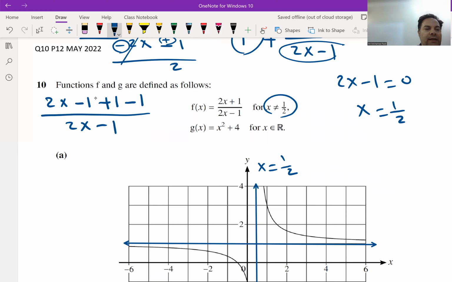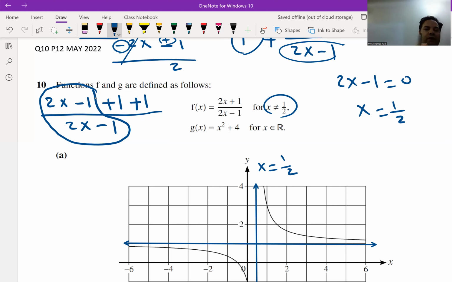It's written 2x plus 1 if you write it like this. Sorry, minus 1 plus 1, and we already have plus 1. There is no change by adding and subtracting 1 to the numerator. Now you can distribute the numerator over the denominator.